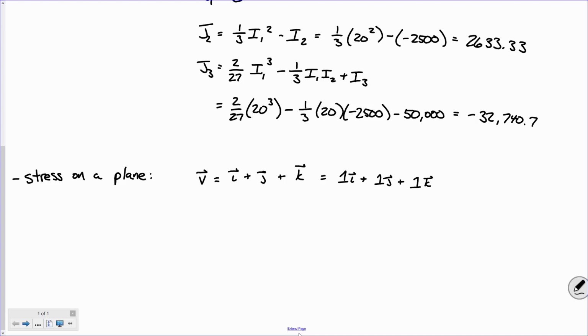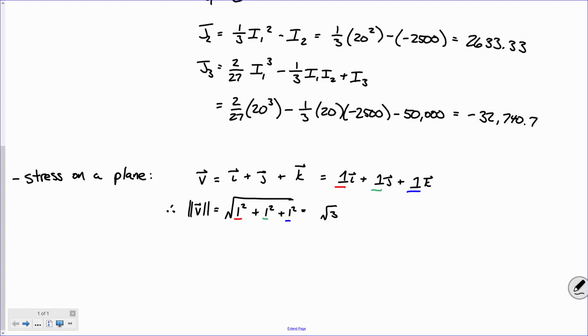So the, we'll call it the magnitude, is the square root of 1 squared plus 1 squared plus 1 squared. And I'm getting that by saying, you know, that one is here, that one is here, and that one is here, right? Now, if you do that, you're going to get the square root of 3, right?